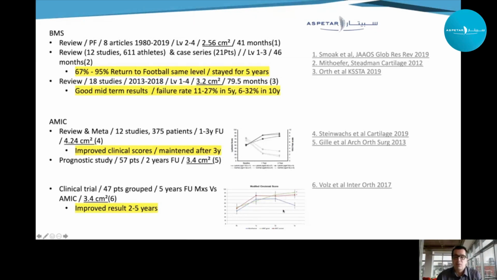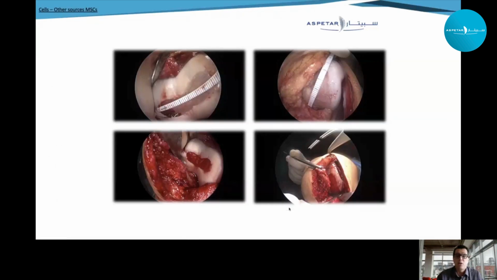The results from 2 to 5 years look stable compared to the microfractures alone. Another issue is, of course, that we are facing several problems with microfractures, especially in the medium and large lesions, mostly because of the intralesional osteophytes that develop because of this penetration of the bone, of the local tissue, the local bone.